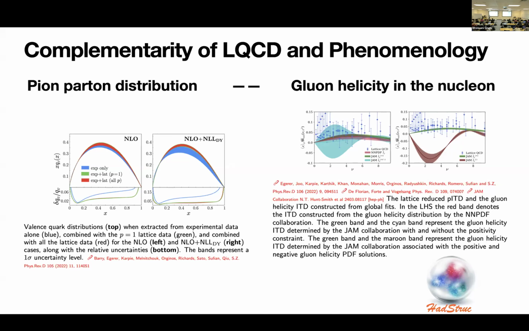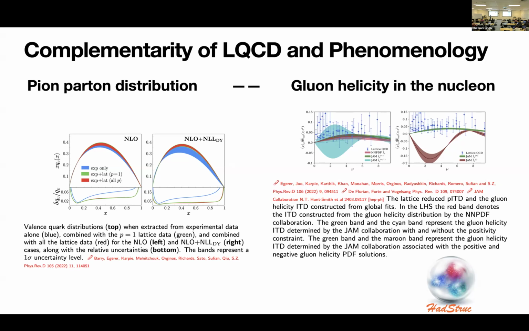So this is the helicity distribution, this is the Pion distribution. So this is a notoriously difficult calculation, and you see you get very noisy data. These blue data points are the lattice data, but they are all in the positive direction.